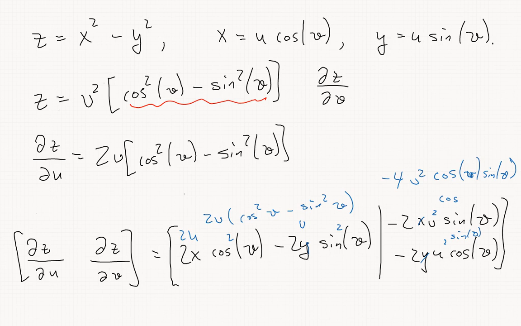And then del z by del v. Now the u squared is constant. So this will be u squared, and then what's the derivative of this? One way to do this, you could also do this using the product rule, but you could rewrite this as cos of 2v.